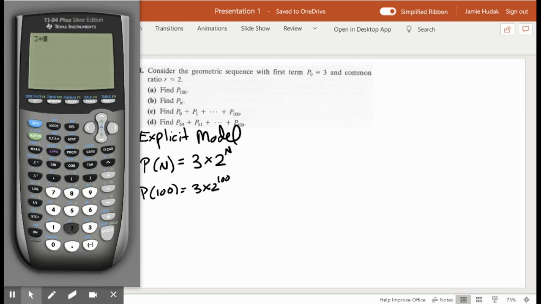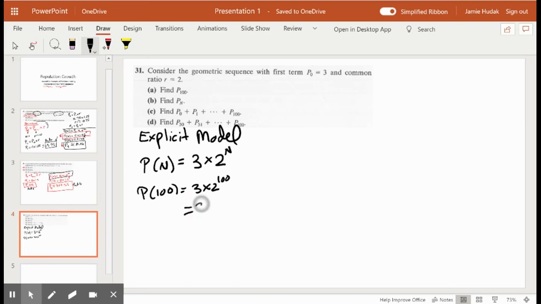You see that this number is too big for our calculator. The calculator has gone right into scientific notation. So it's 3.8 times 10 to the 30th. And that is our answer for part A.